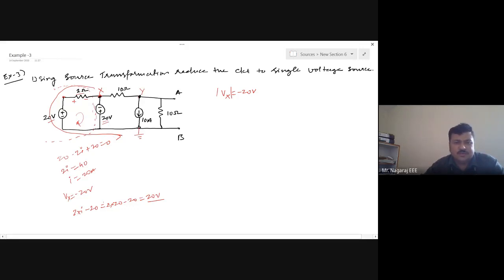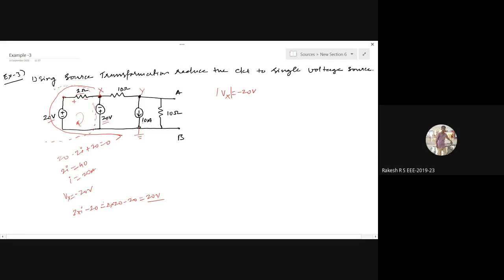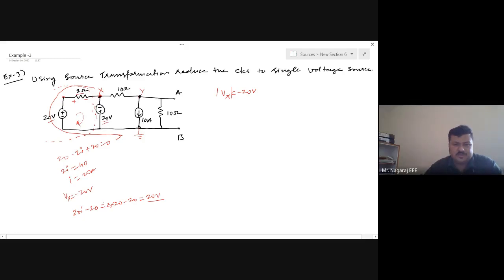Then what does it mean? This branch of 20 volts and 2 ohms has no effect on this node voltage Vx. Hence, in circuit reduction, I can neglect that. Okay? Now, is it clear? Yes, sir. Maybe a little bit confusing, this analysis. But now is it clear that even though current flows in this loop, it has no effect on this node voltage?